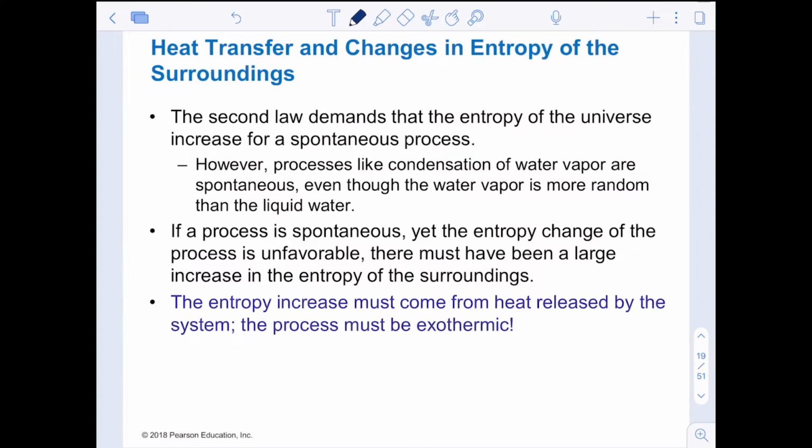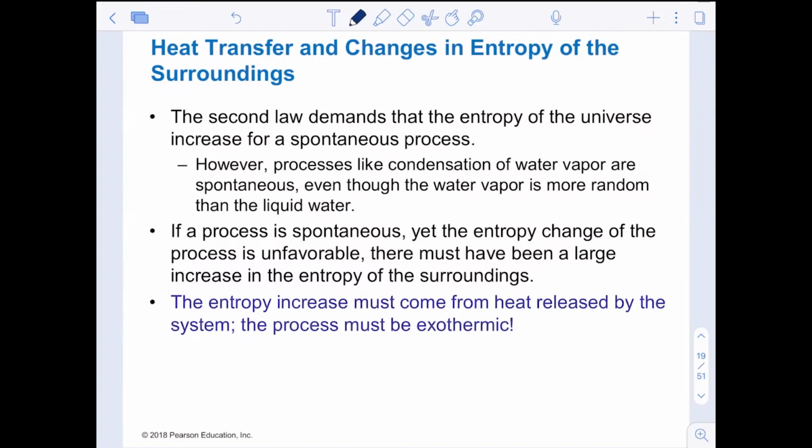It's because we have to consider the surrounding entropy as well. All right, so if a process is spontaneous and the entropy change of the system is technically unfavorable, there must have been a large increase in the entropy of the surroundings. And the entropy increase must come from heat released by the system.